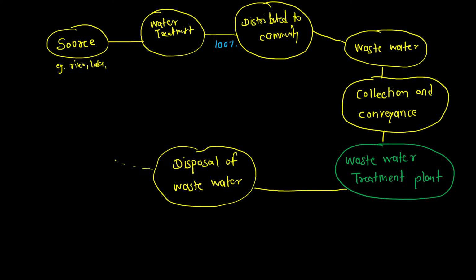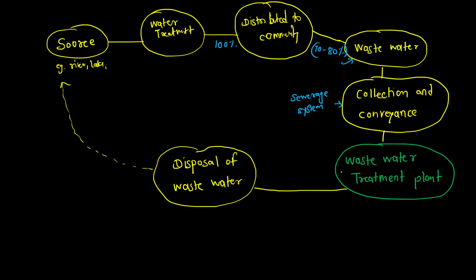So if you see overall, the loop continues. First we take the water from the source, then we do the water treatment. After the treatment, it is taken by the community. Let's say if 100% of the water is taken by the community, then around 70 to 80 percent of it gets converted into wastewater. Now this wastewater is collected, and this collection is done by the sewerage system. These are new terms now, but try to get accustomed to them.